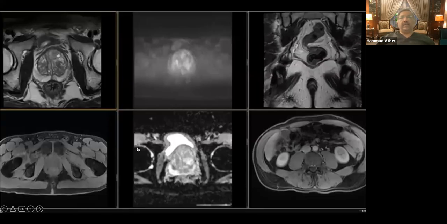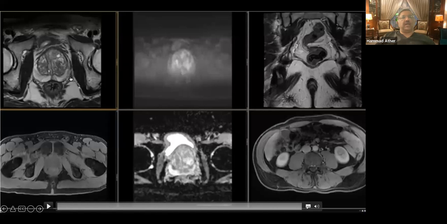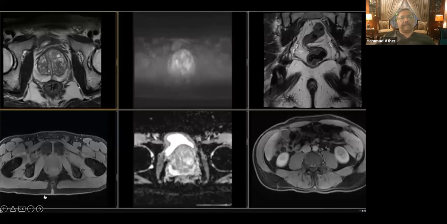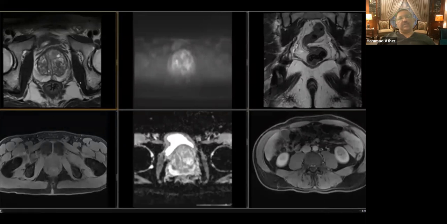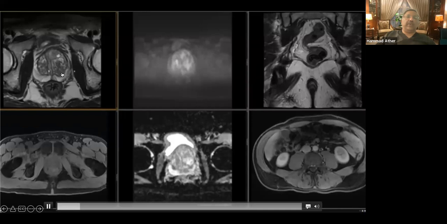So if you look at this picture, again, very clearly, it is showing the various sequences and what exactly they show. So this is T2 weighted images.